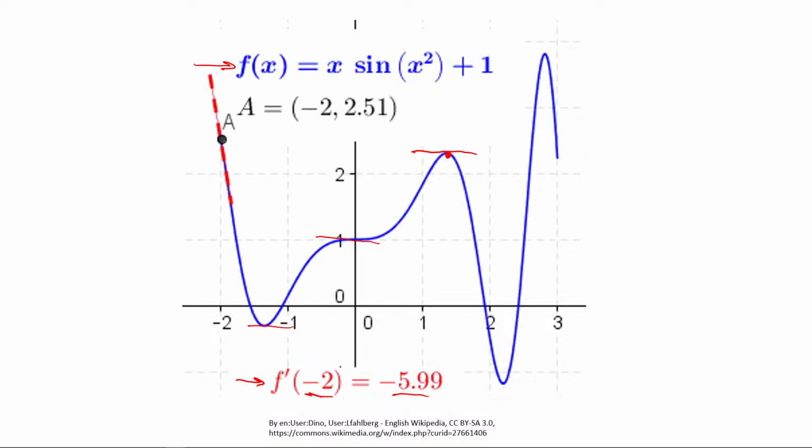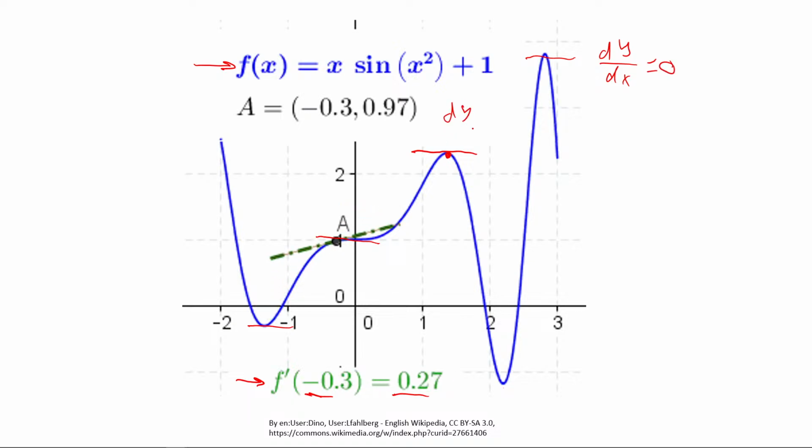Why is this important? For example, you see this guy here, this guy here, this guy here. The rate of change here is 0, dy over dx here is 0. The rate of change here, dy over dx, is 0. Does this look like anything? If you are solving an optimization problem and you want to find the maximum value, where would you find the maximum value?